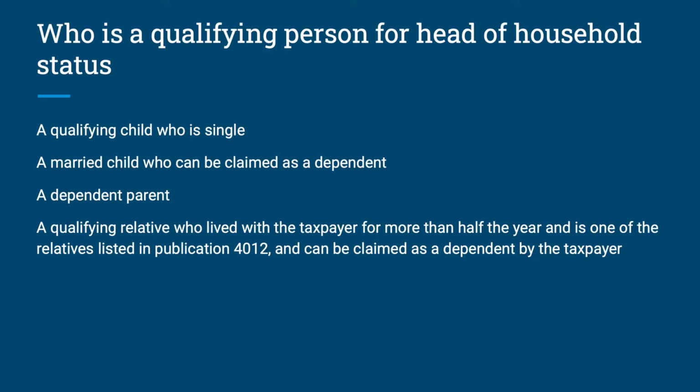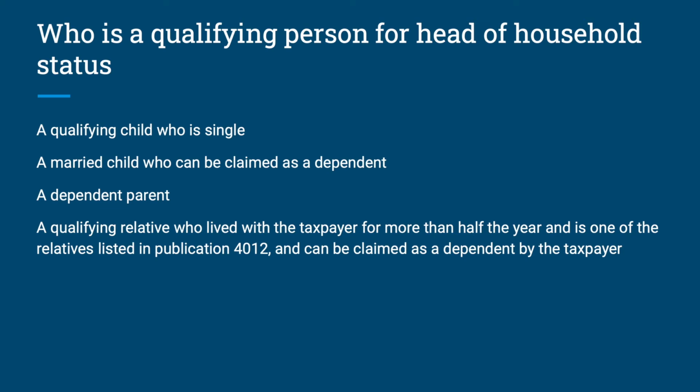Now, an important thing is I just threw out the words qualifying person there for head of household filing status, and you're probably wondering what that means. Basically, there are a few criteria that we often see when we're looking at who is a qualifying person for head of household status. The first one is a qualifying child who is single. Second is a married child who can be claimed as a dependent.